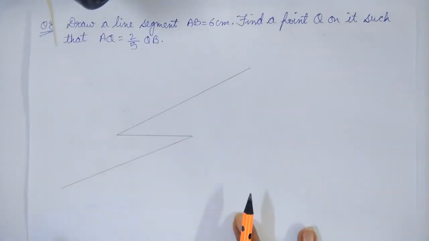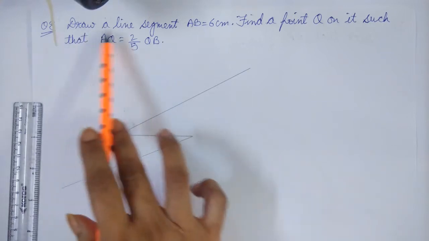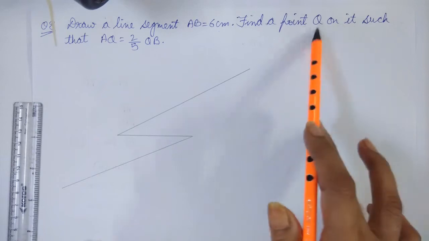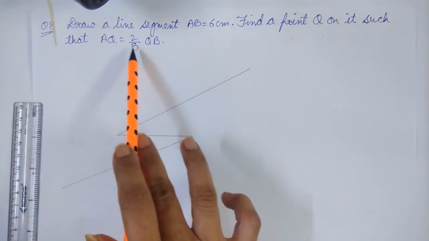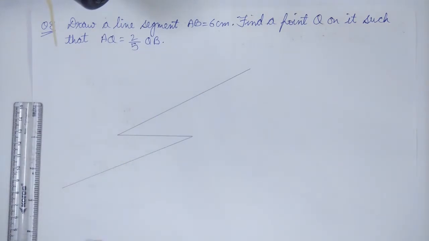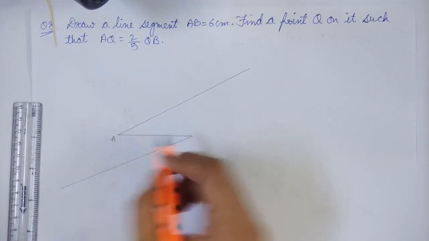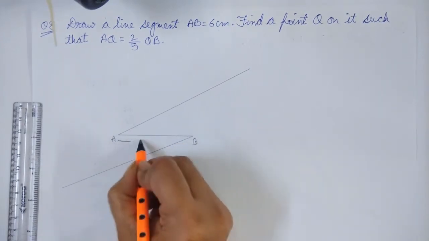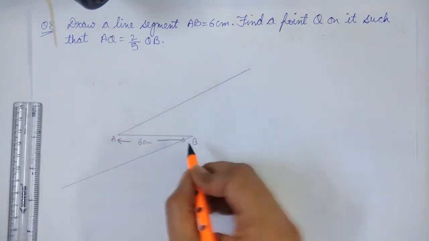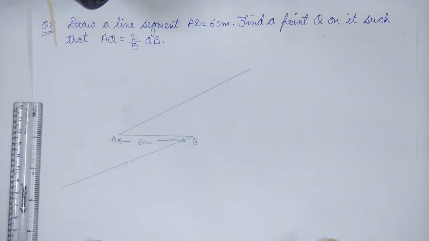Okay. Last question of this exercise is draw a line segment AB of 6 centimeter. Take a point Q on it such that AQ equal to 2/5 of QB. So same thing. First of all, you will draw a line segment AB of 6 centimeter, and then from both the ends you will draw an acute angle of the same measurement.